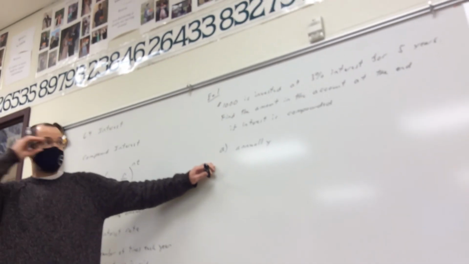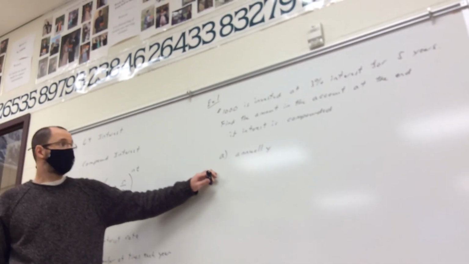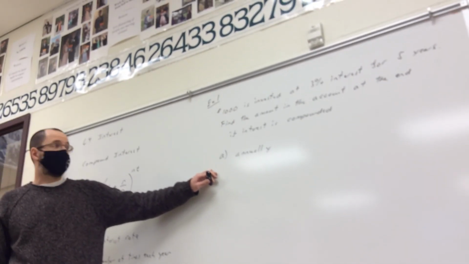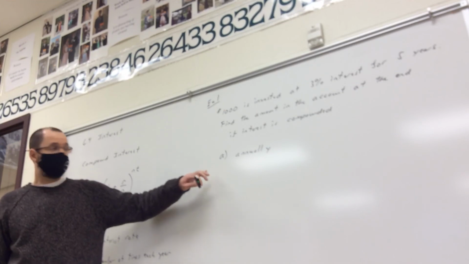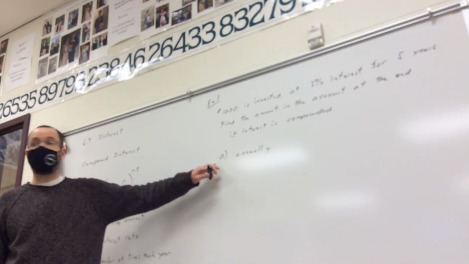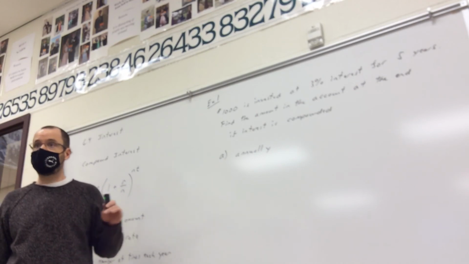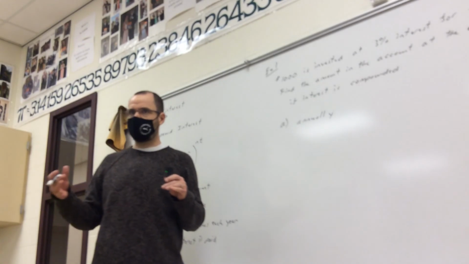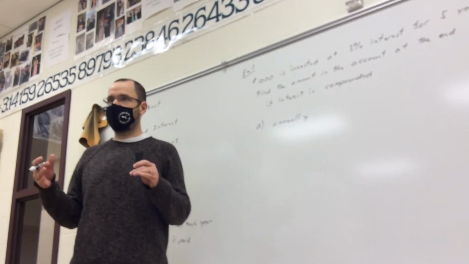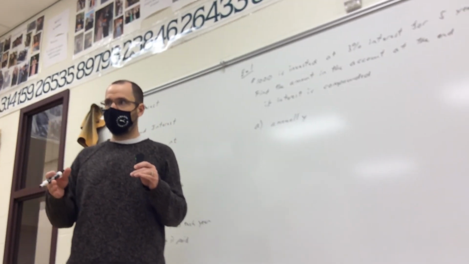So $1,000 is invested at 3% interest for 5 years. We're going to find the amount in the account at the end of the 5 years if the interest is compounded. And then we're going to do this a few times. So for part A, it's compounded annually. So that's like what I talked about first, where interest is given at the end of year 1.